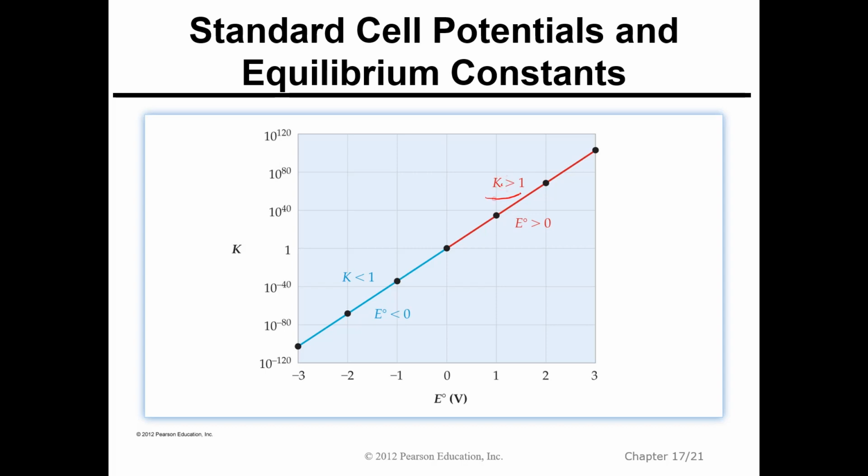So when the equilibrium constant is greater than 1, the standard cell potential is greater than 0. And you can see in most cases, K is much greater than 1. And the larger K gets, E cell gets up to between 1 and 3. If K is less than 1, then the standard cell potential is also less than 0.